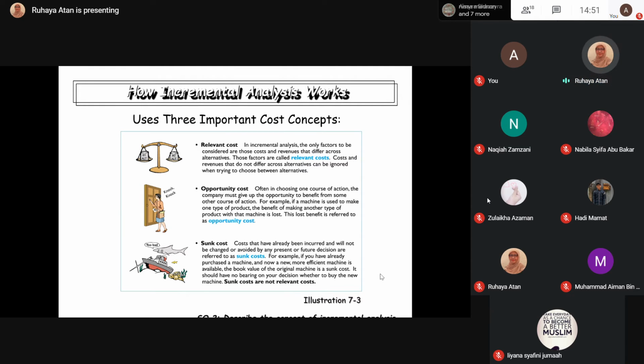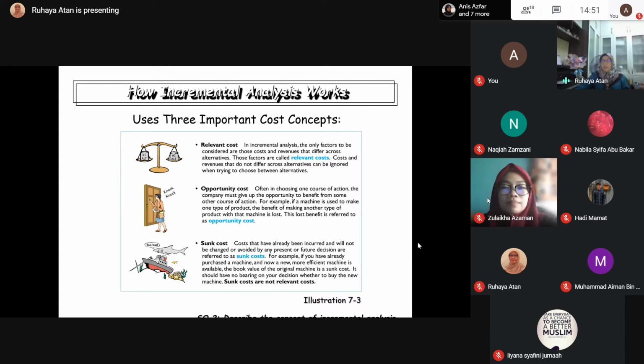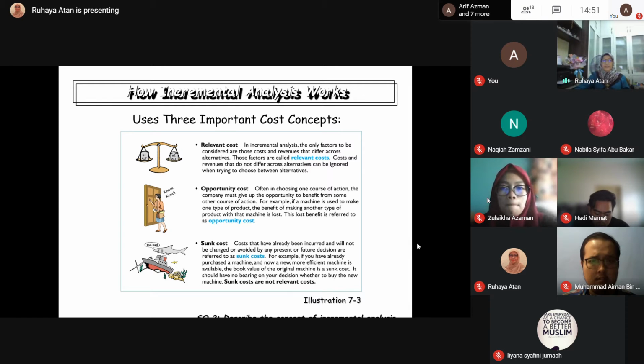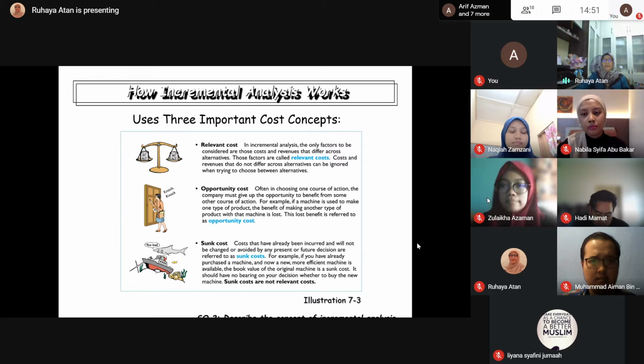Right. Then the next one is opportunity cost. What is opportunity cost? So I'm sure some of you are familiar with this. But it is often when we choose a course, the company gives up the opportunity to benefit from some other course of action.